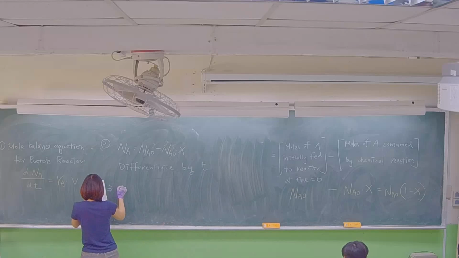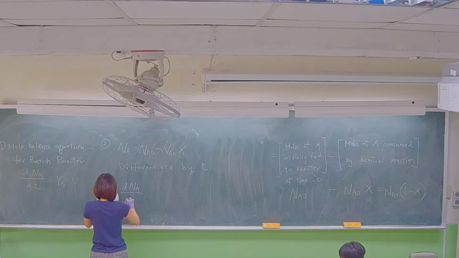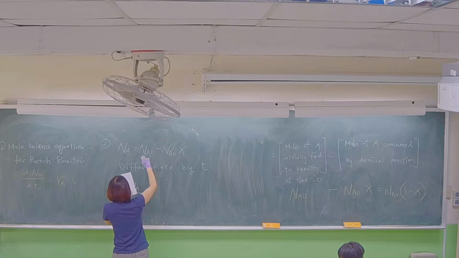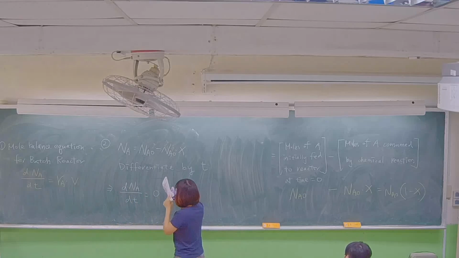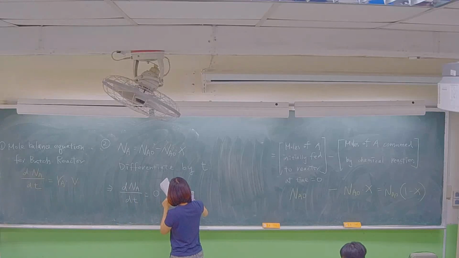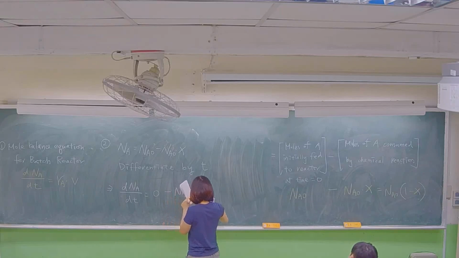You can obtain d of each one by dt. Okay. So this one, the dNa/dt. This one is a constant, right? Constant dt is equal to 0. And this one is constant, so bring it outside. We only have the dX/dt.